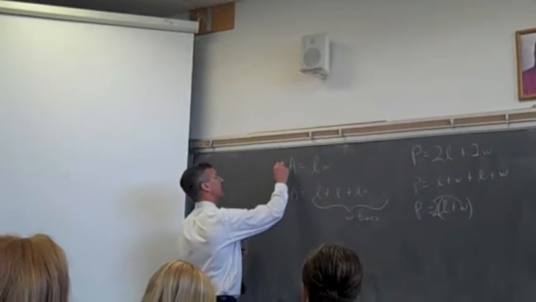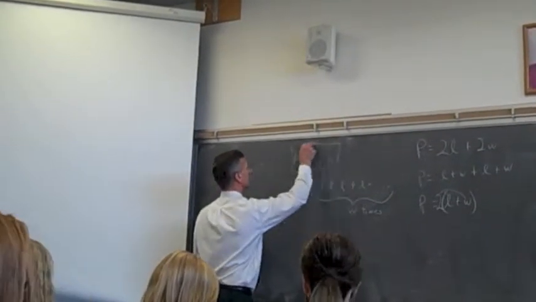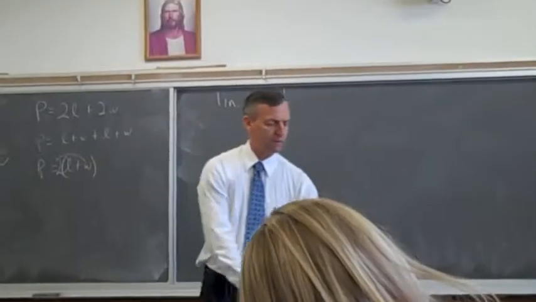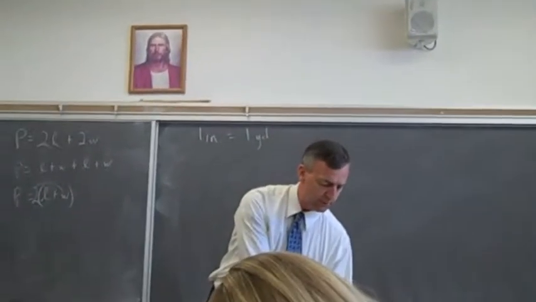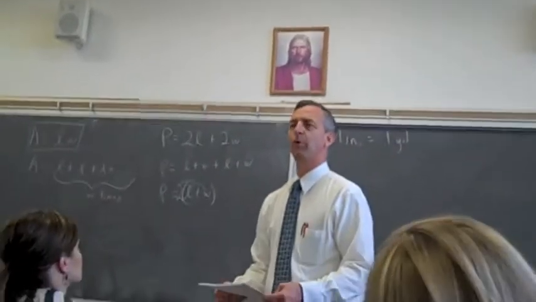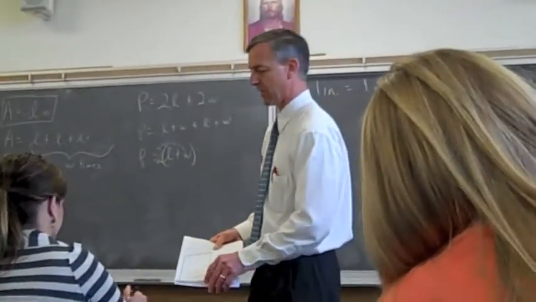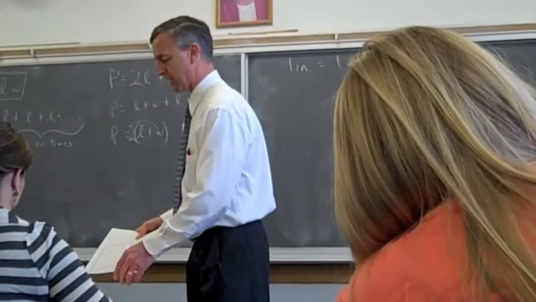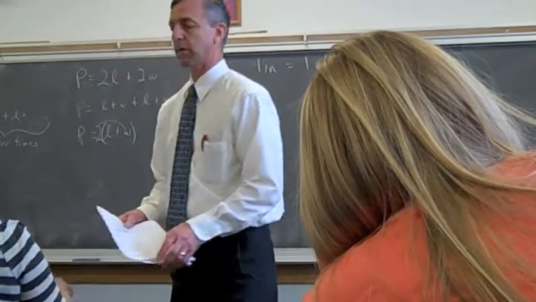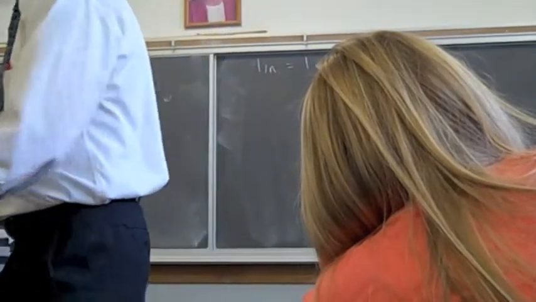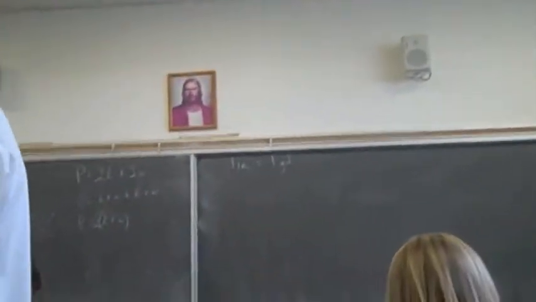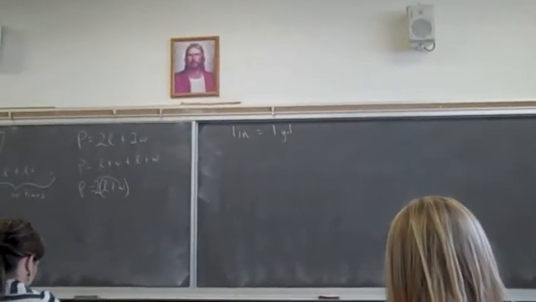I'm going to put a box around this one because the formula for the area of a rectangle is going to become what we're going to call our mother formula, the mother of all formulas. Why are we going to call it a mother formula? Because just like we call Eve the mother, every one of us came through Eve, right?